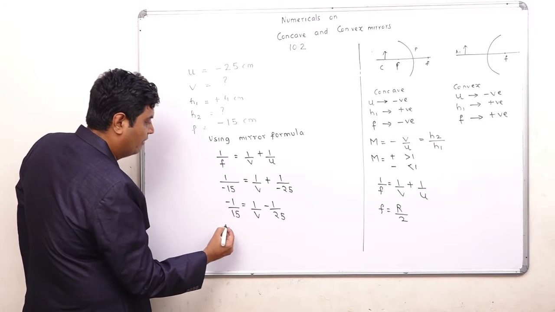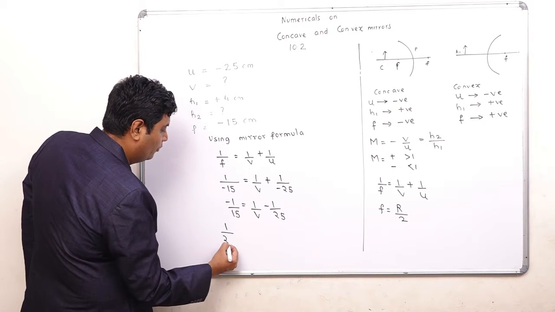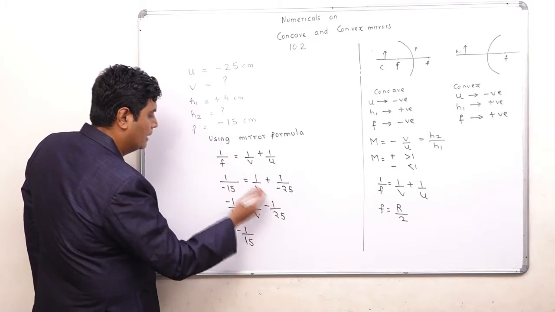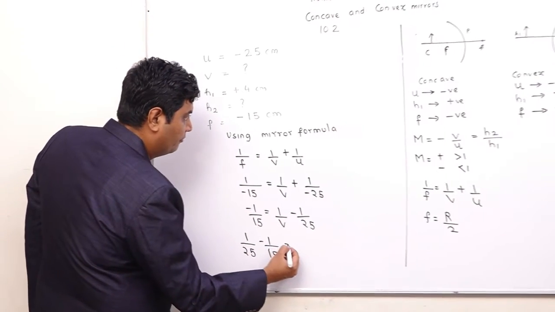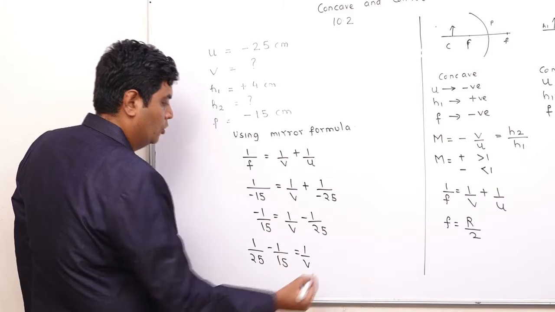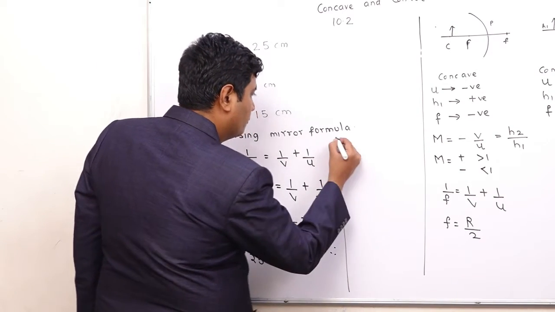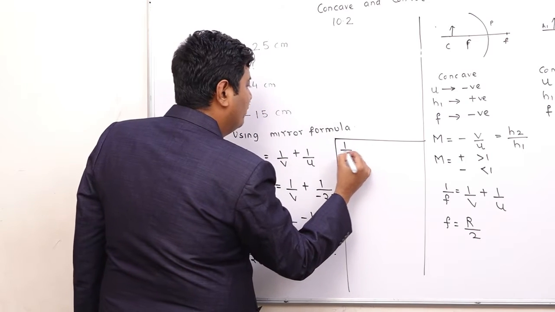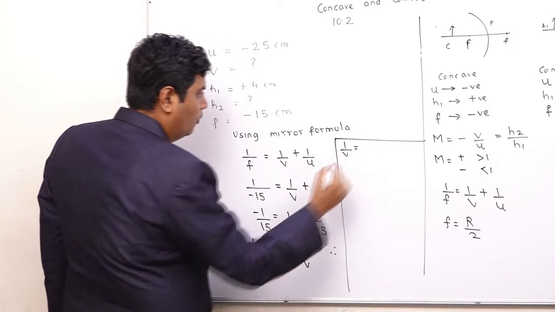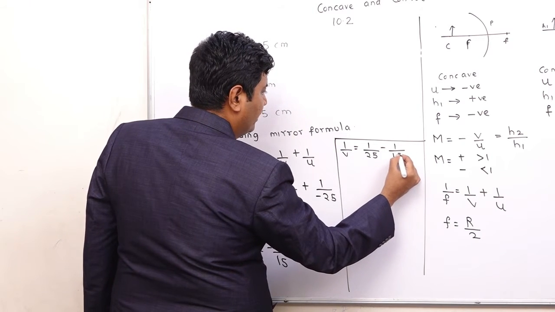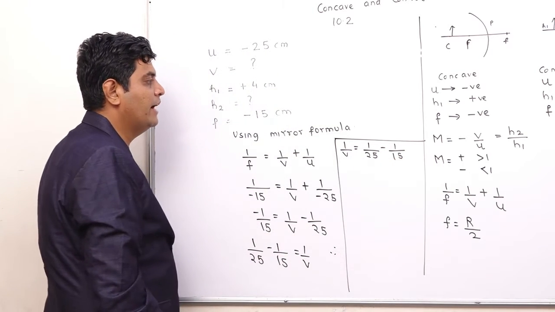Minus 1 upon 25 comes here. So you get 1 upon 25 minus 1 upon 15, this minus sign becomes plus. So 1 upon v is equal to 1 upon 25 minus 1 upon 15. What is the LCM of 25 and 15?